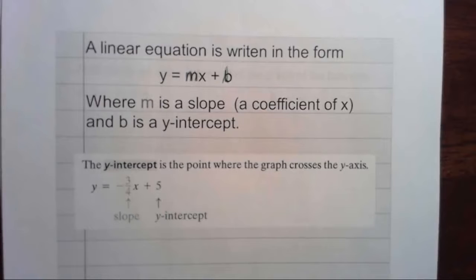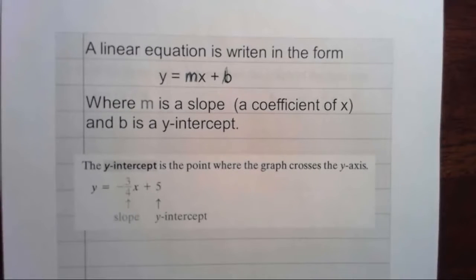y equals negative 3/4 x plus 5. From that equation, I can easily recognize what the slope is and what the y-intercept is. Remember, slope is the number in front of x, and the y-intercept is the number without x, without any variable.